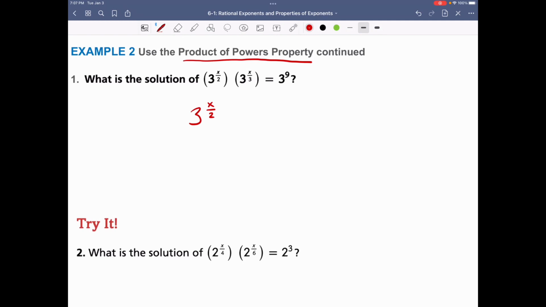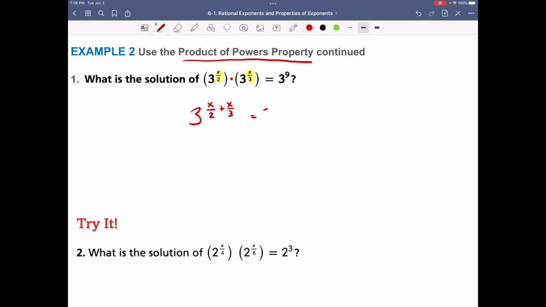Since they're both a base of 3, we can add these exponents. We're multiplying them. Since there's nothing in between, we assume it's multiply. So I took the exponents and we are just adding them together. It helps us simplify this.